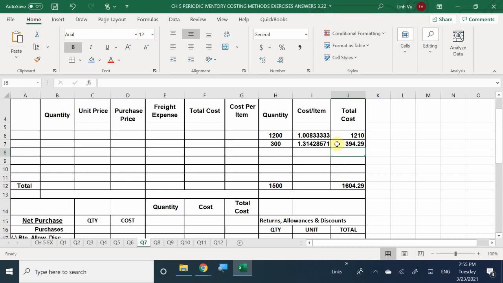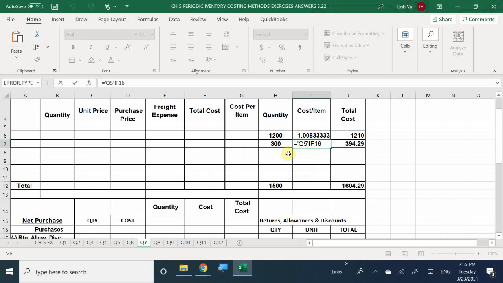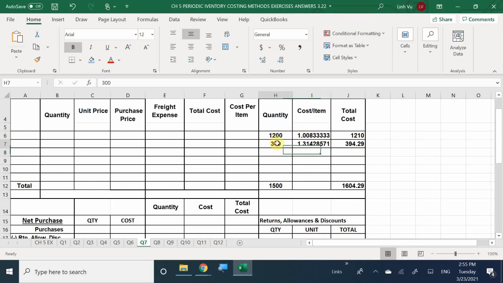I just want to try it instead of typing it in. I want to put the equation so I could cell reference it to understand how we got there. Okay, perfect. This is a complete cell reference from the previous worksheet. Right. Okay, and then I just multiply these two together, and I did my equal round because this number's not very nice. So that's why I got the 394.29.